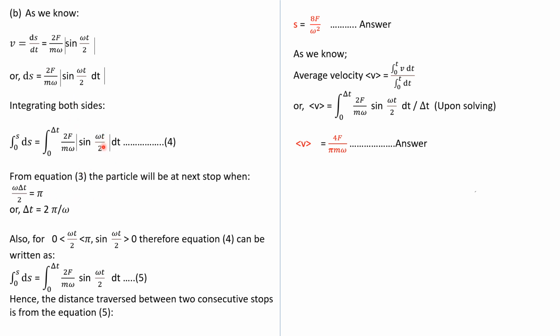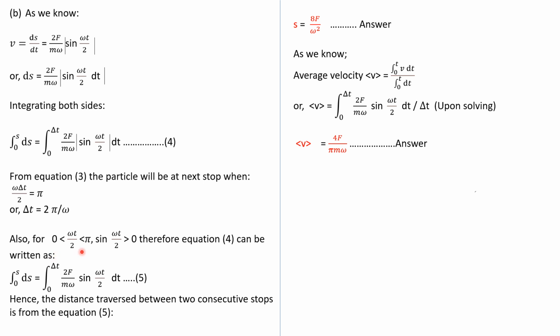Sin omega t by 2 from 0 to pi has some positive value, but at 0 it was 0, and at pi it will again become 0. So we can say the next stop will be when omega delta t by 2 becomes pi. So delta t will be 2 pi by omega. So we got the value of delta t.